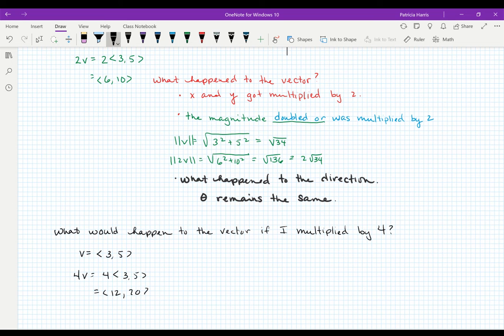So did the magnitude change? How did it change? Did the direction angle change? What do you think?